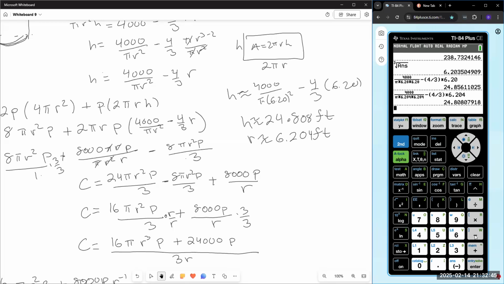And I get 24.808. So round to the nearest thousandth, in this case, thousandth of a foot here. So that's it for that problem.